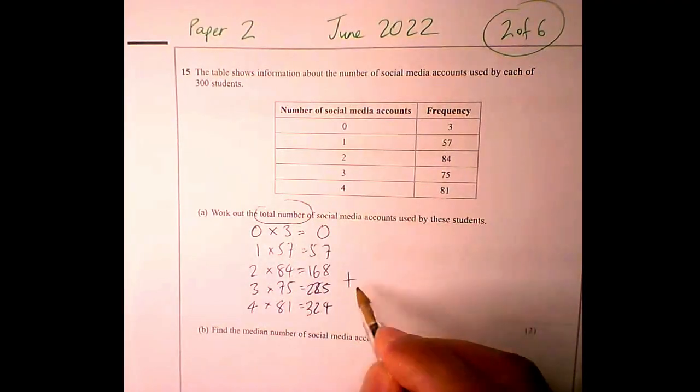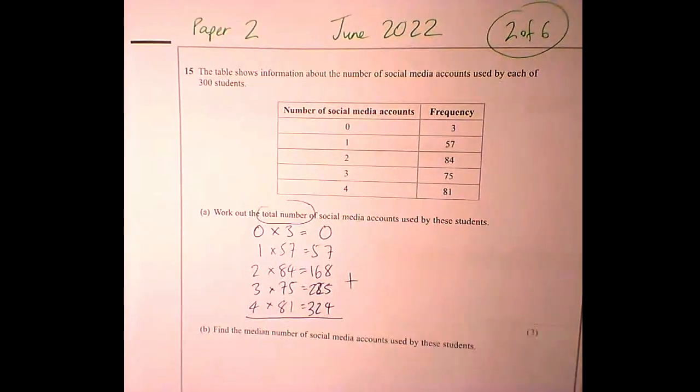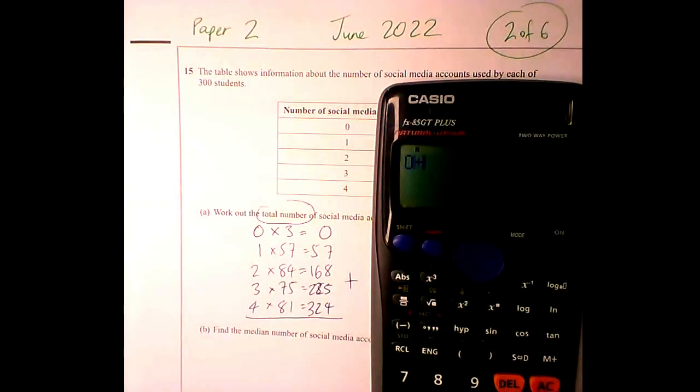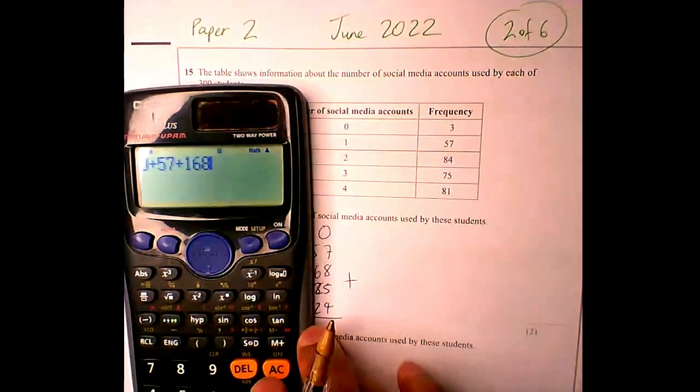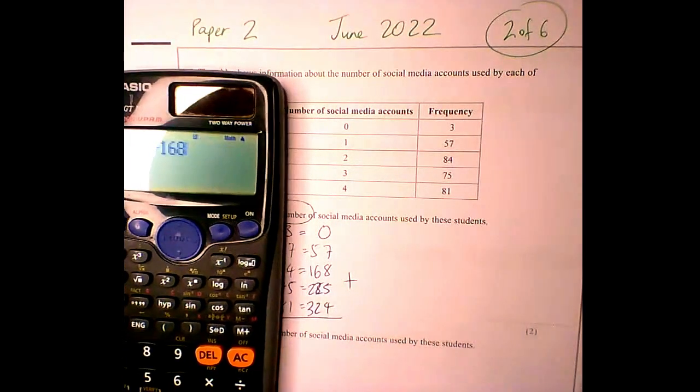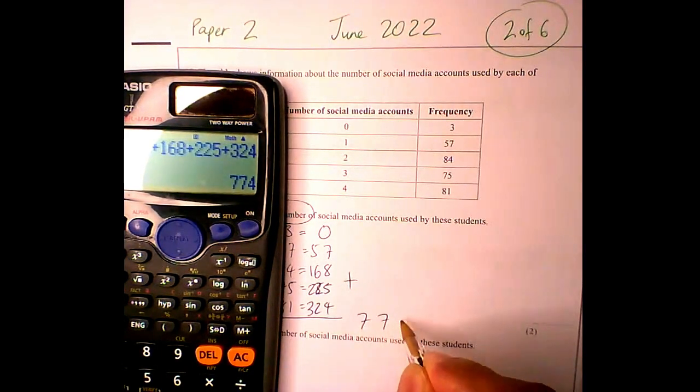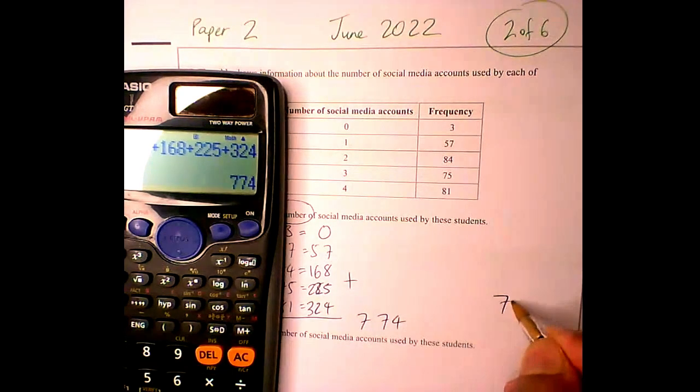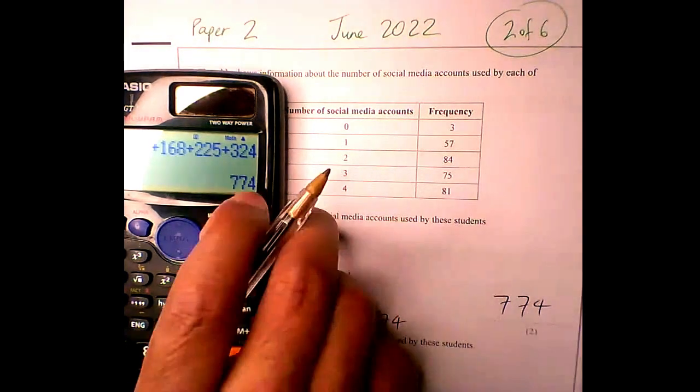So we add them all together. So we've got 0 plus 57 plus 168 plus 225 plus 324. That gives us 774. So that is our total number of accounts.